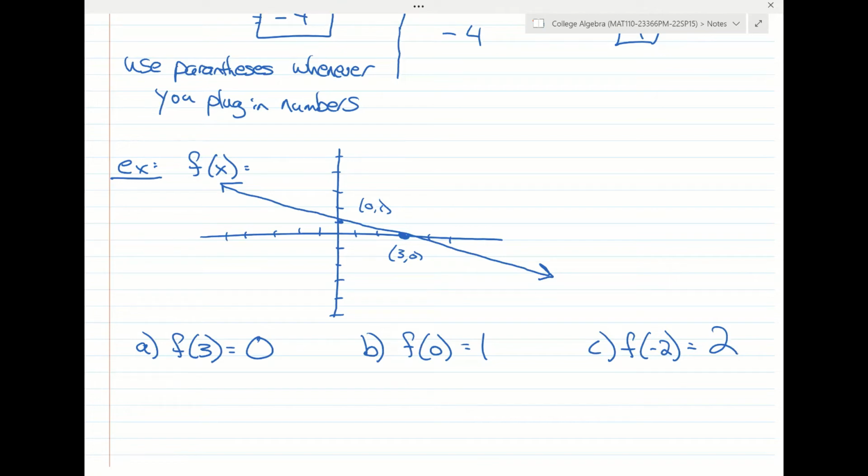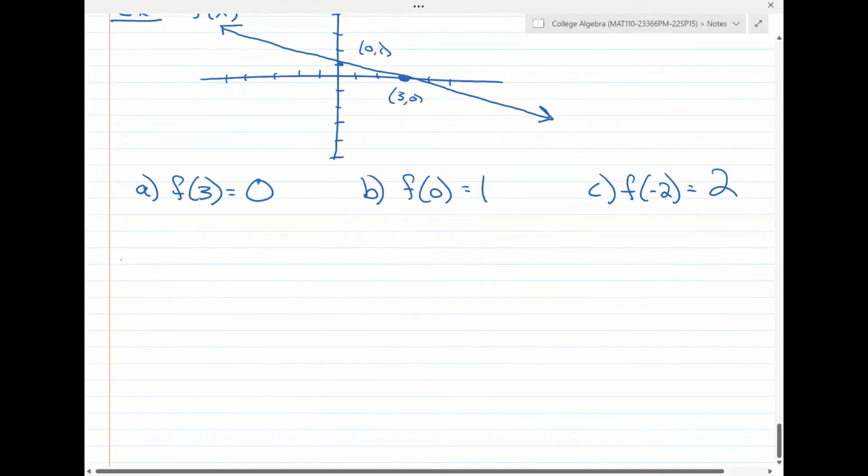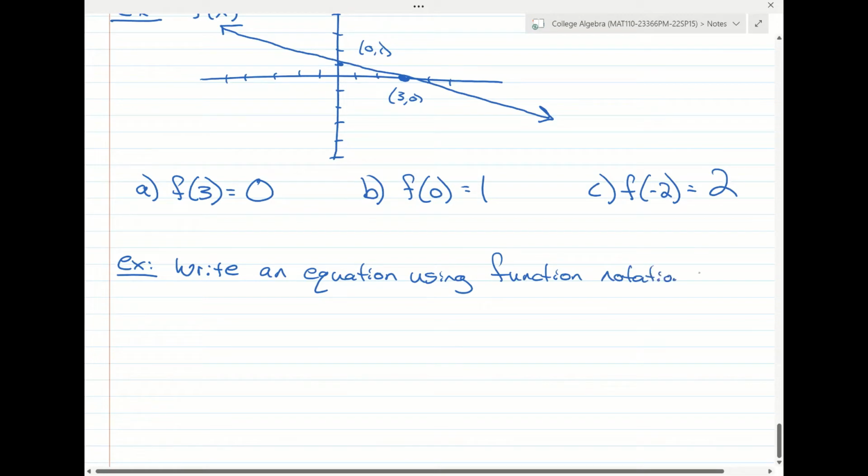Second half of this section shouldn't be a big deal here. I wanted to go through an example where we write an equation using function notation, then evaluate f of 1.